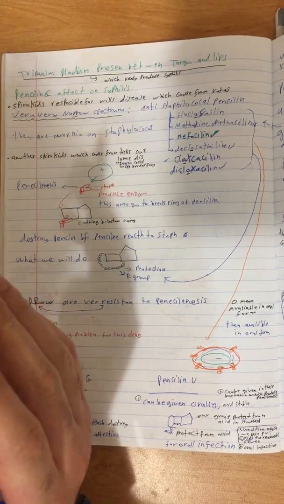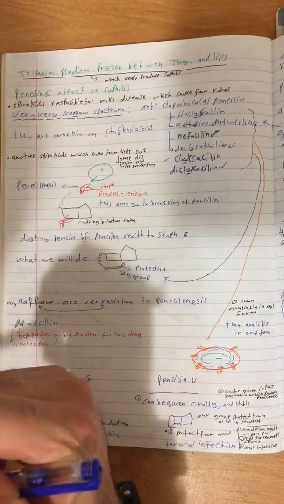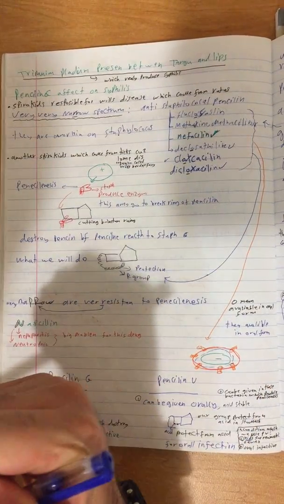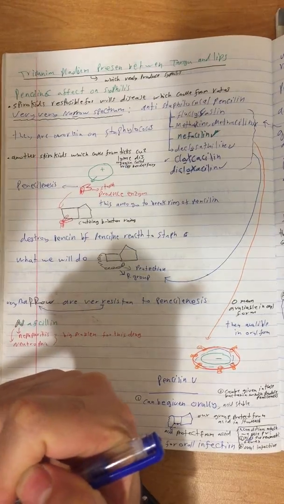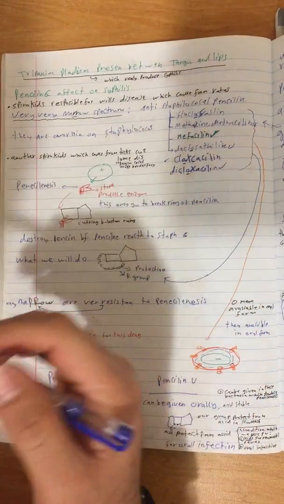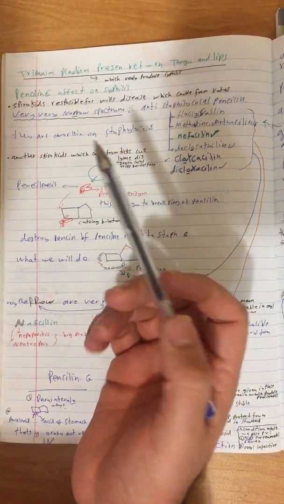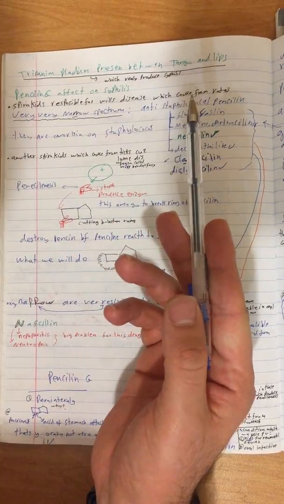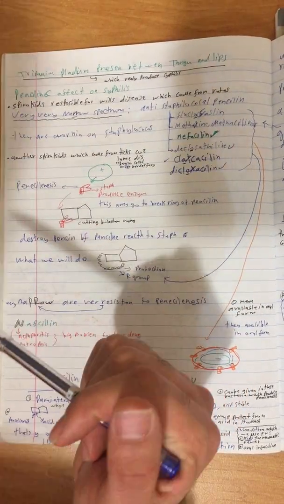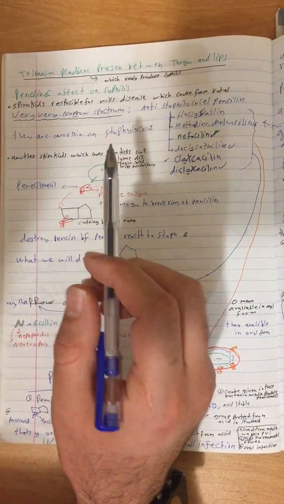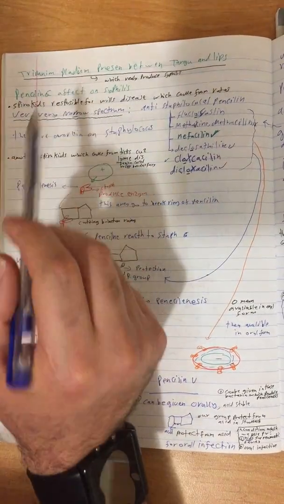Where is Treponema pallidum? It is present between the tongue and lips, and what does this Treponema pallidum produce? It produces syphilis. So penicillin G can affect syphilis.